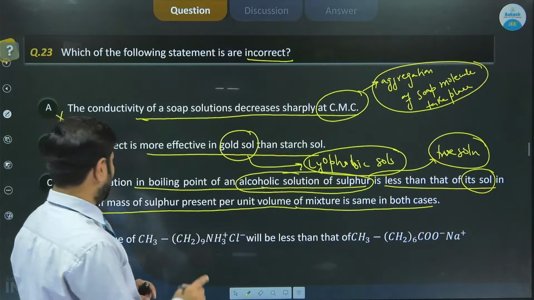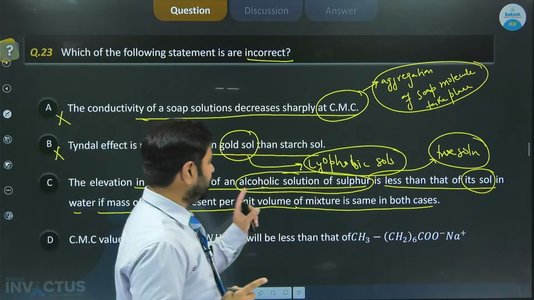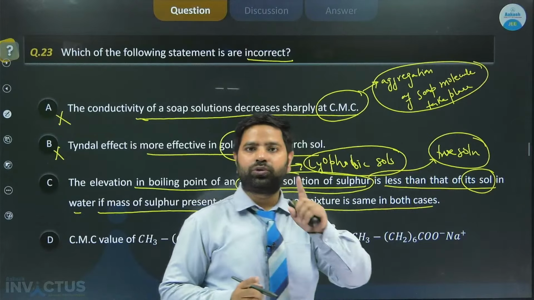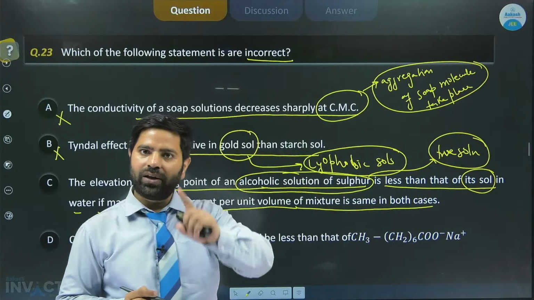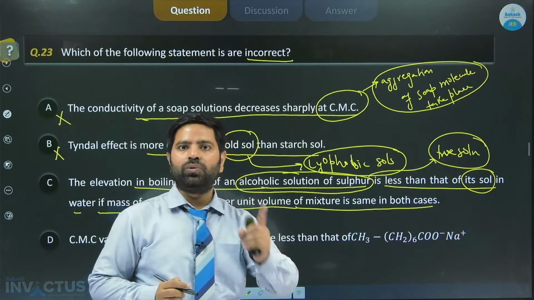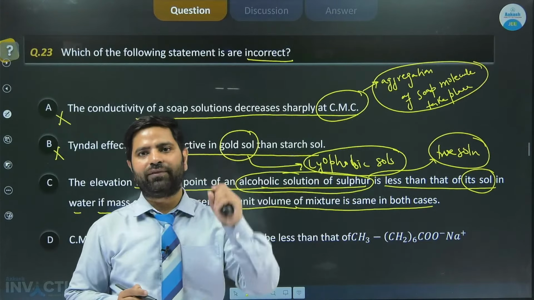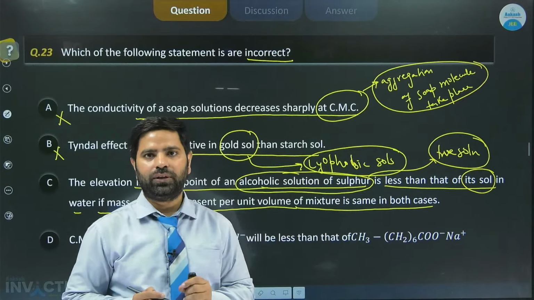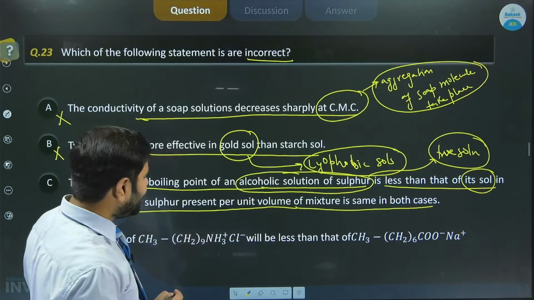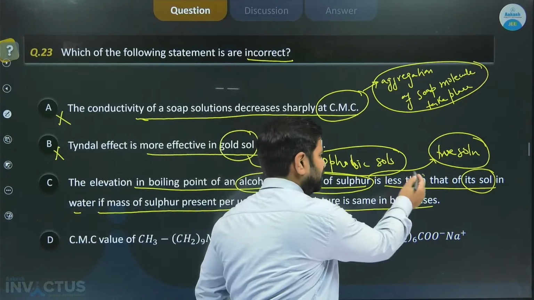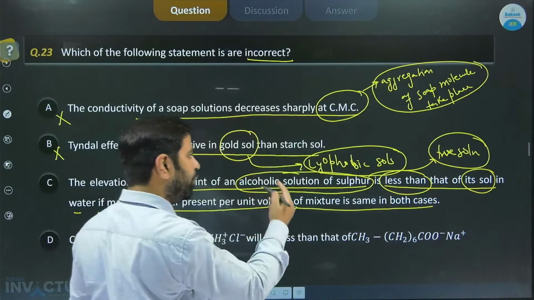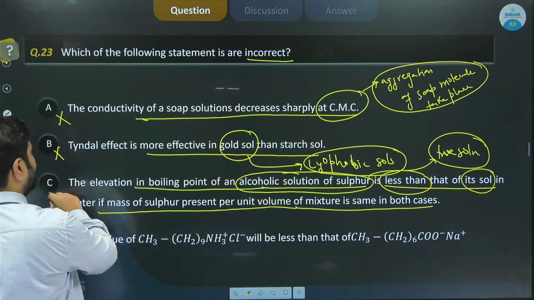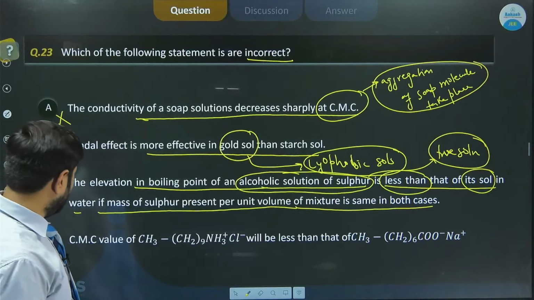The colligative property of a true solution is more than the colligative property of colloidal solutions. It is mentioned that it is less than, so it would actually be more. So this is the incorrect option, and we have to choose the incorrect option.